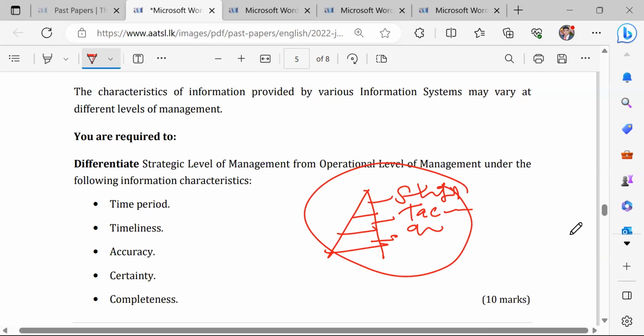This is related to lessons 1 and 2, right? Under the following information characteristics, differentiate strategic level information from operational level.